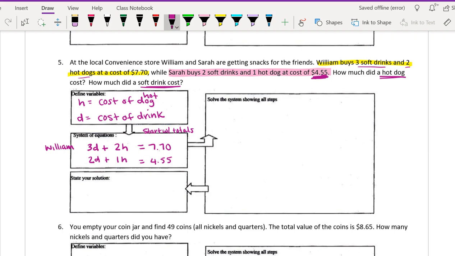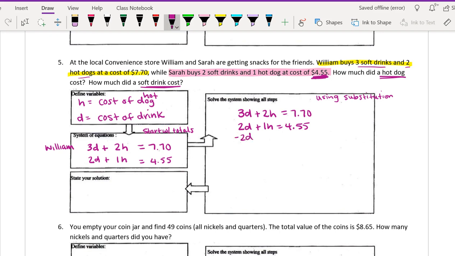Okay, so now we're going to go over here and we're going to solve the system using substitution. Or I'm sorry, using any method, but actually I'm going to use substitution in this case. Since I already have one of these variables with a 1, H, and I had that before, we're going to use substitution. I wanted to show you elimination. You could use elimination in this one too, but because I'm working with some decimals, I'm going to use substitution this time.